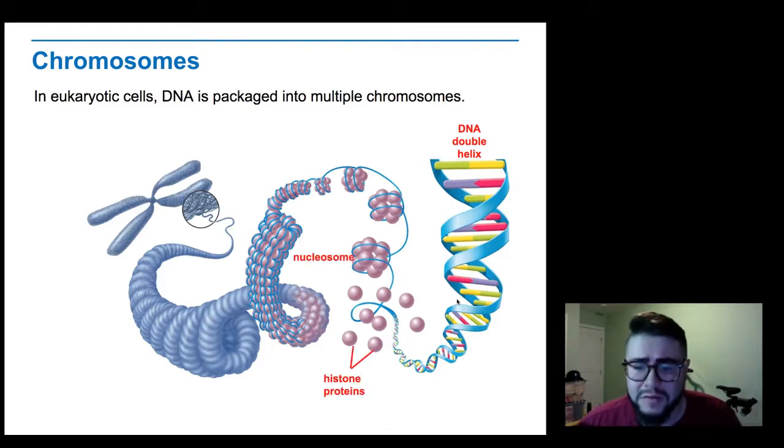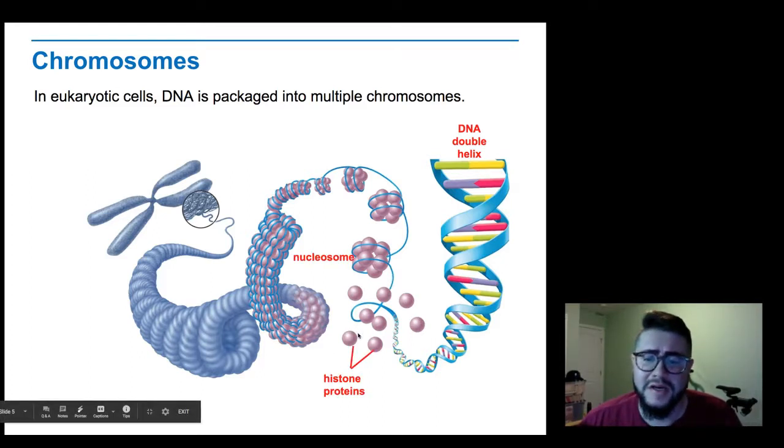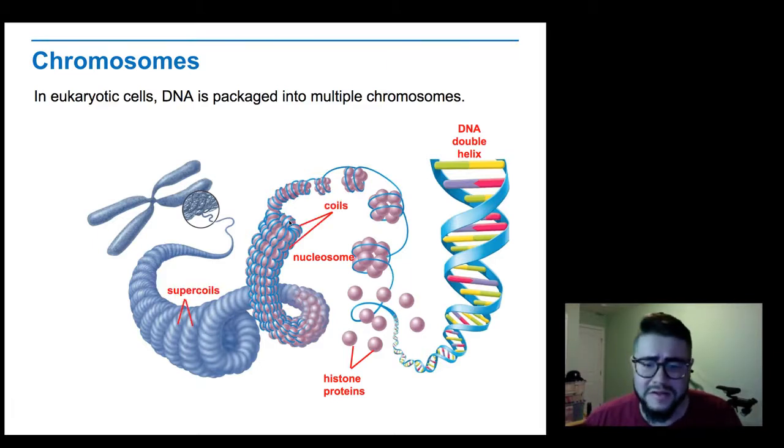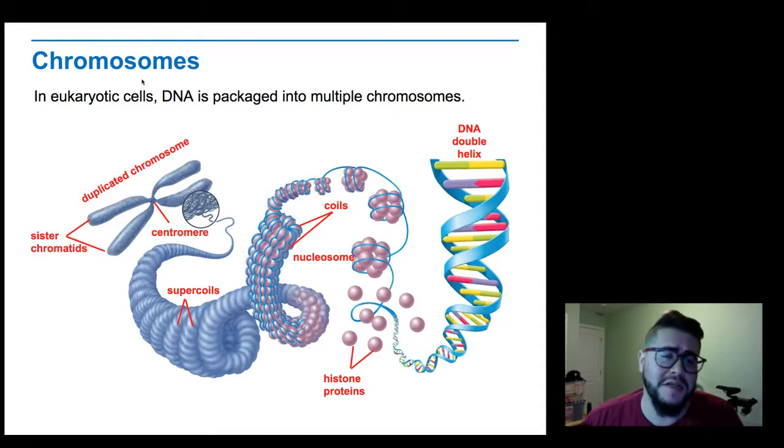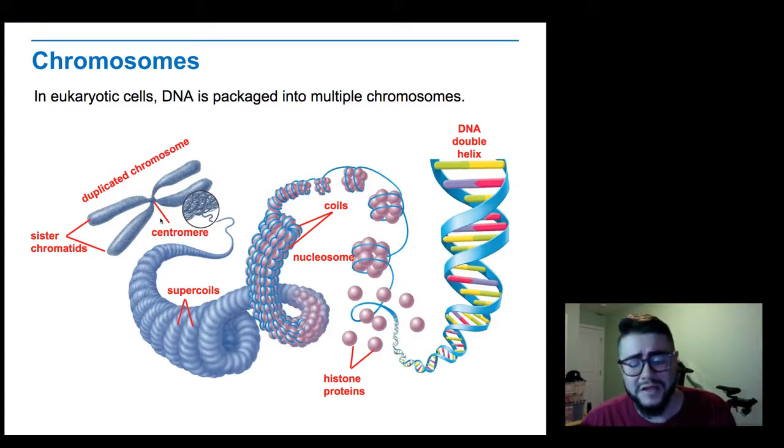Those wrap around proteins known as histones to form these little packages called nucleosomes. And then those form these coils and supercoils, and eventually it forms this structure here called a chromosome. Technically, this is a duplicated chromosome where the left and right sides are identical copies of each other. We'll get to that in a little bit.